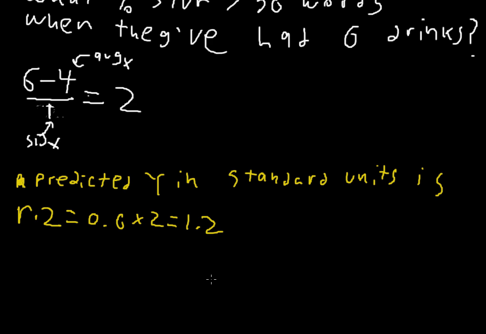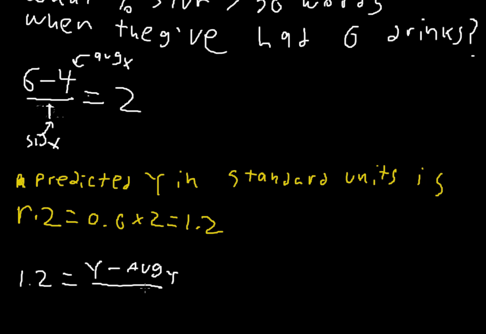So the next step is to de-standardize. That gives us 1.2, in standard units, equal to our actual value of y minus the average of y over the standard deviation of y.